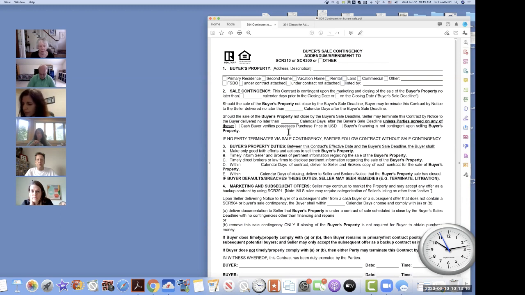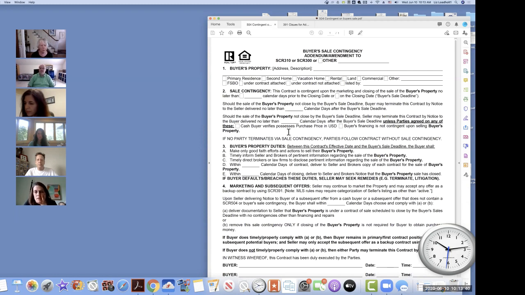The buyer must timely inform the seller and brokers of pertinent information regarding the sale of the buyer's property. So as things come along with selling the property, you need to inform the seller and the brokers about what's going on. That's what the buyer has to do. The buyer shall timely direct brokers or law firms to disclose pertinent information regarding the sale of the buyer's property.